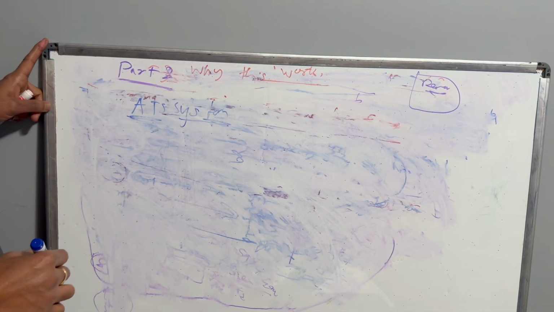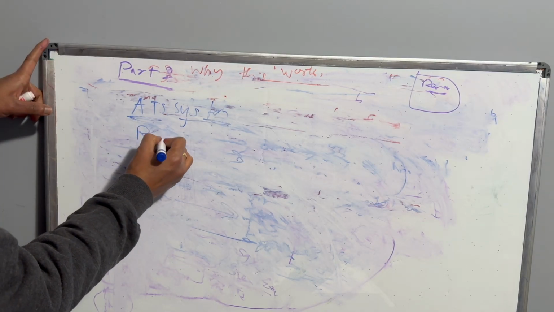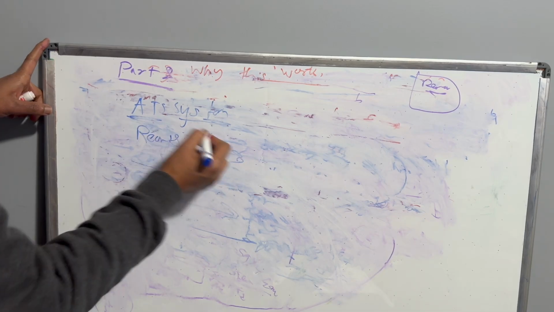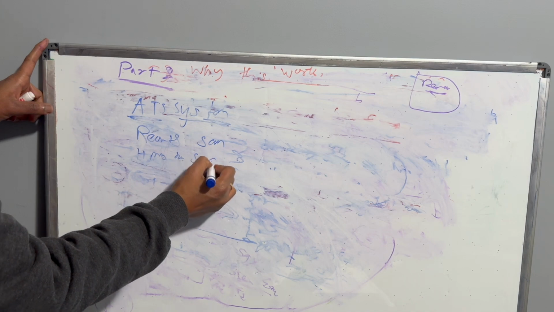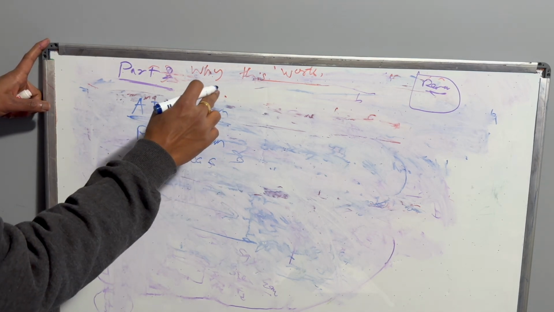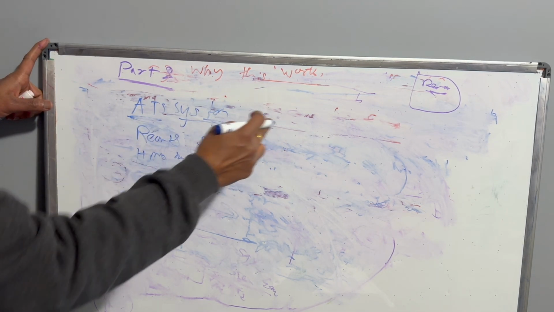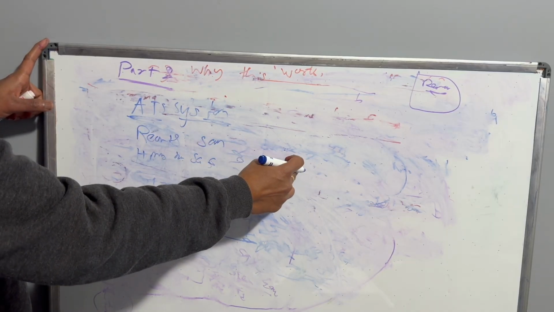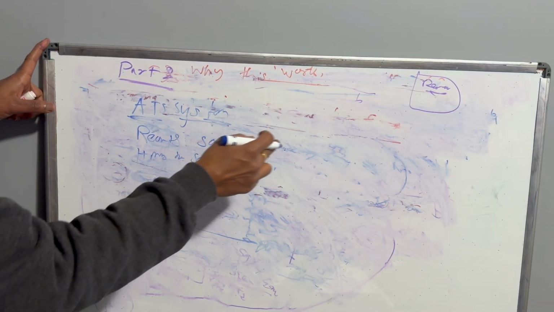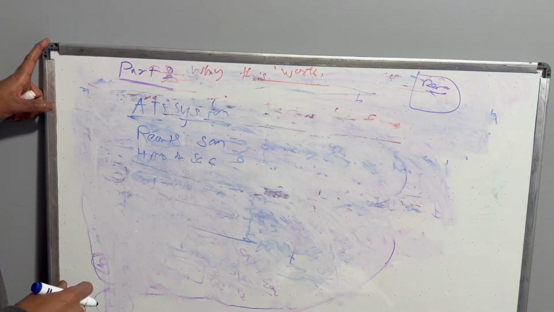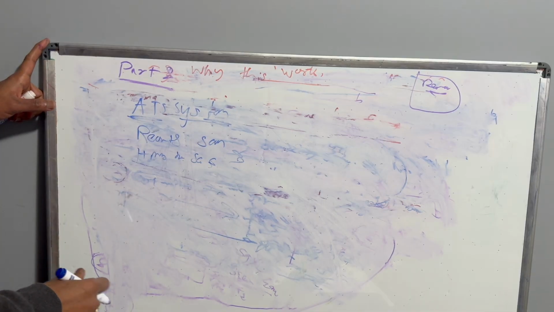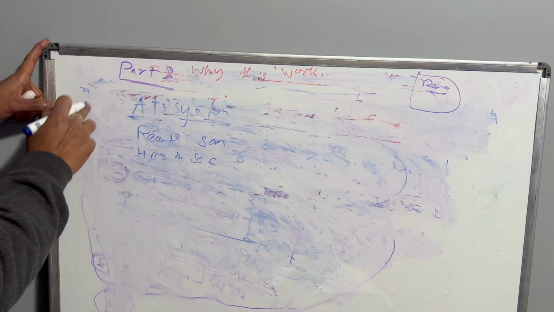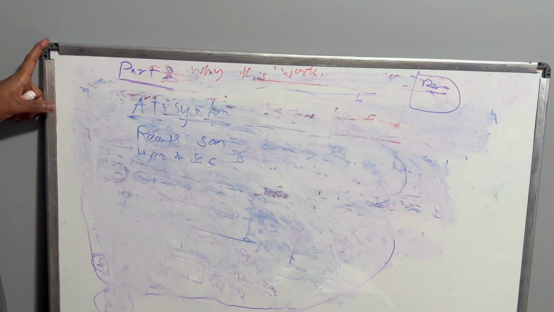ATS systems scan for job keywords. Recruiters scan for the job alignment. Hiring managers scan for the business understanding. So that's why this method satisfies all three. Right? First it goes through the software, then recruiters, then the hiring managers.